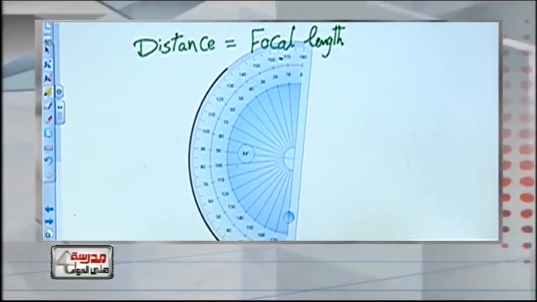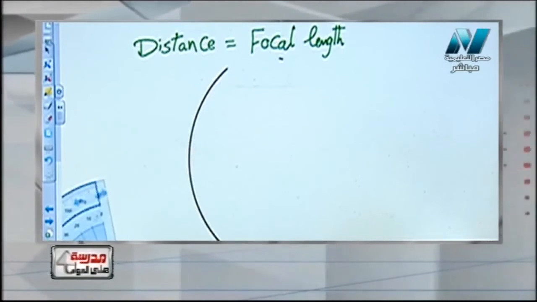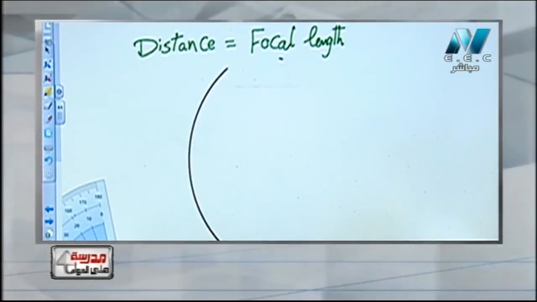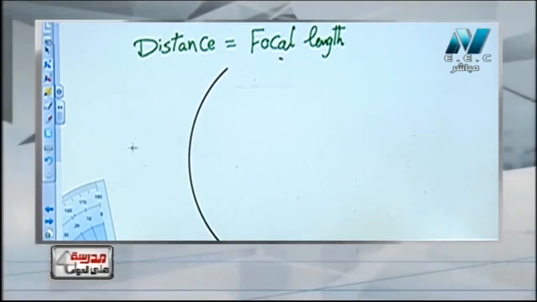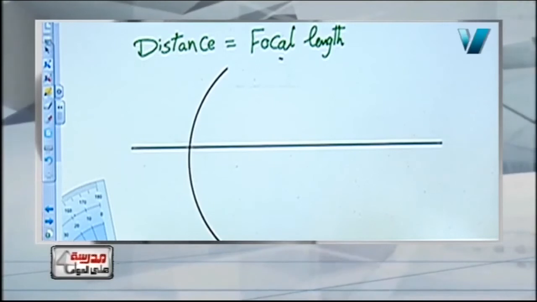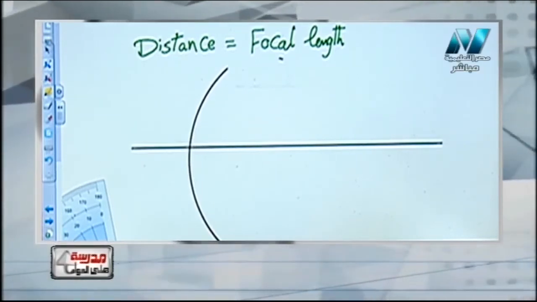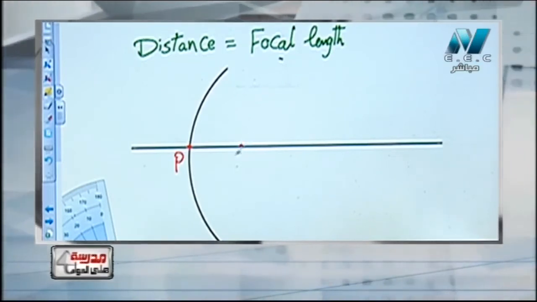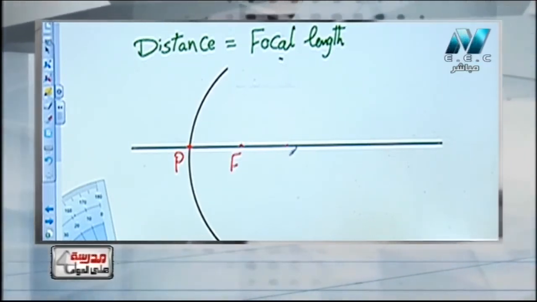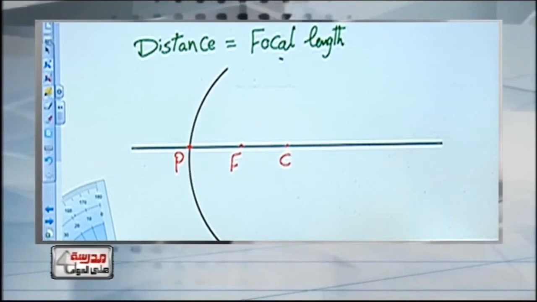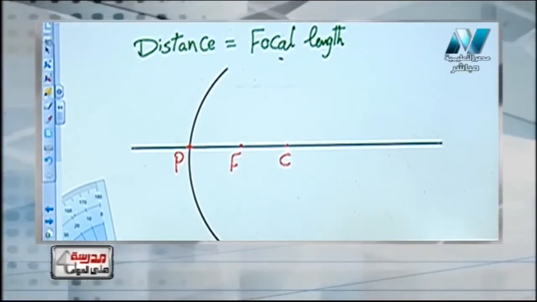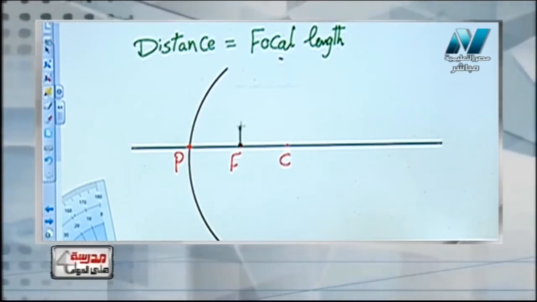After we use the protractor and ruler, here the object is at a distance equal to the focal length. Here we have P, we have F, we have C by using the ruler. The object is here, at the focus.